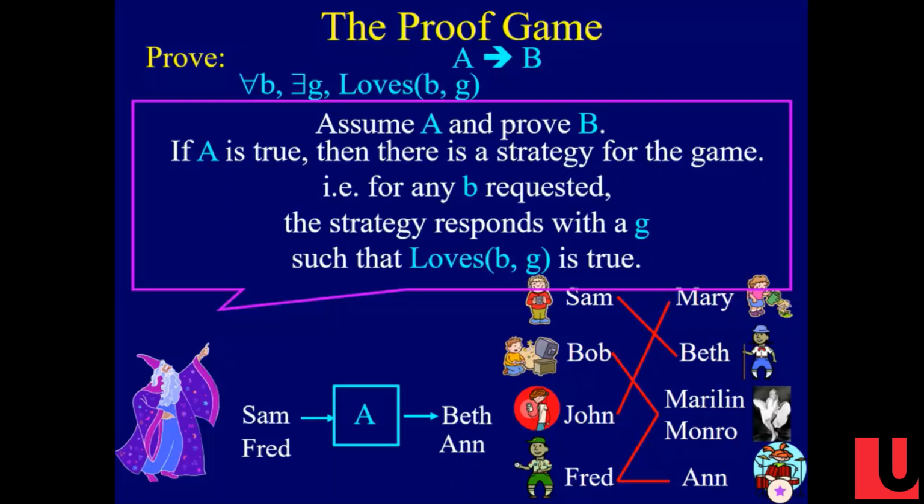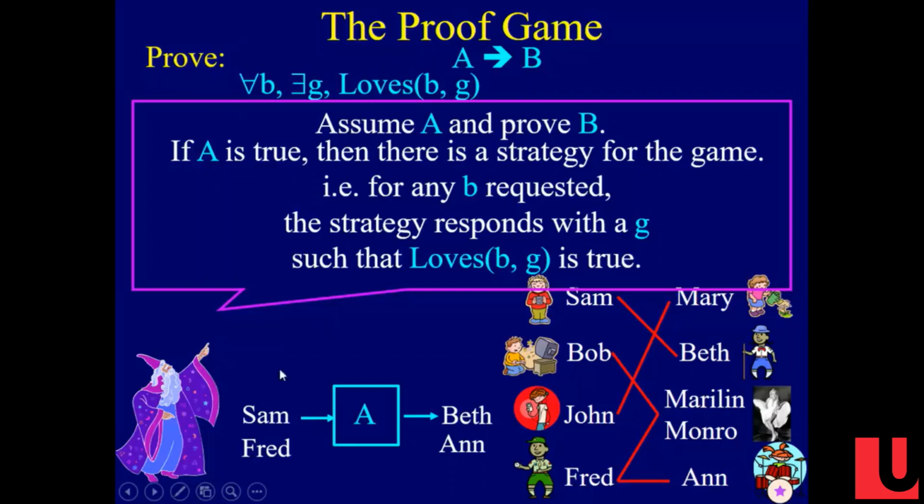If I told you, hey, I'm an oracle and I can be an oracle for your game, then you can go out in the world confident that you can win this game. And how are you going to use that fact? If you're bumbling along the world and suddenly some adversary comes out of the dark and gives you a boy, say Sam, then you can be confident that for every boy there exists a girl.